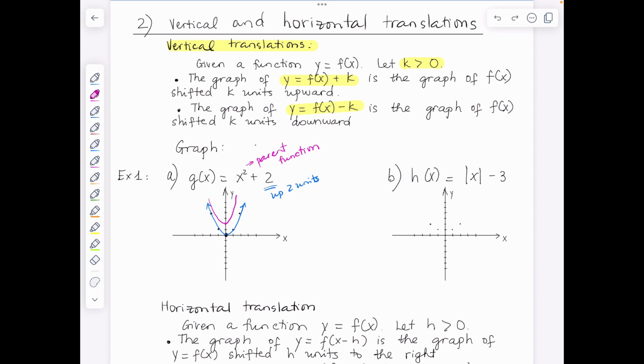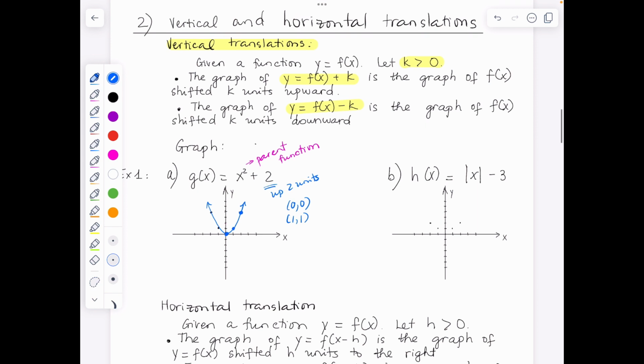So instead of shifting the whole graph, we are going to transform a few points on the parabola to new points. Some of the critical points that I'm going to pick to transform are (0, 0), (1, 1), and (2, 4).